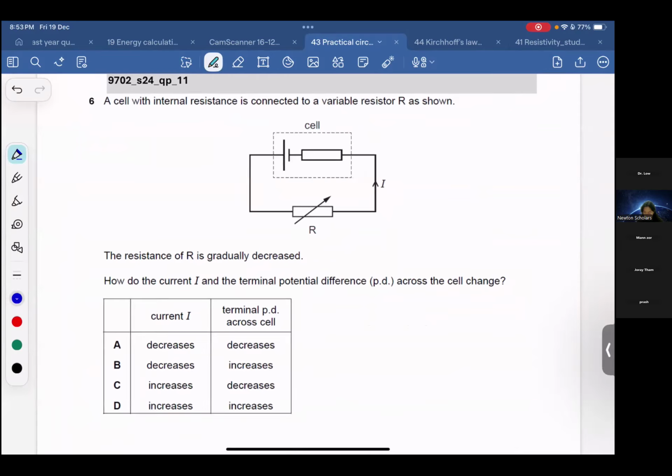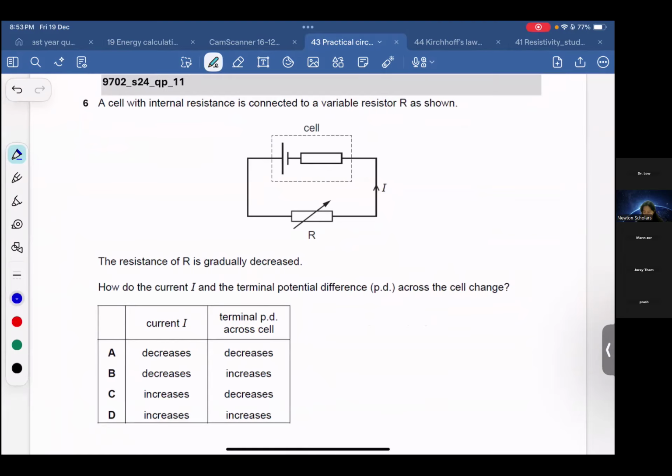Okay, think. Resistance of R decreases. Because this is a variable resistor, I can decrease the resistance. What happens to your current and what happens to the potential difference across the cell? The potential difference across the cell now is a closed circuit, so basically it is the potential difference across the component.